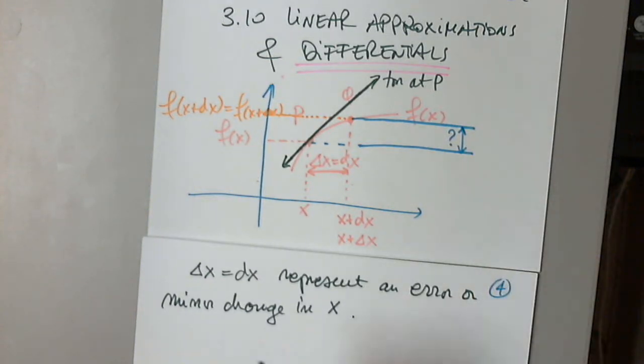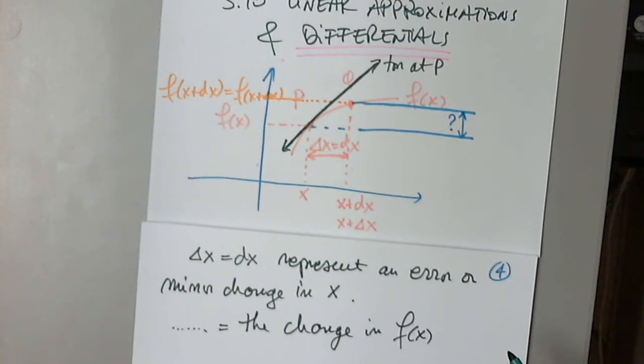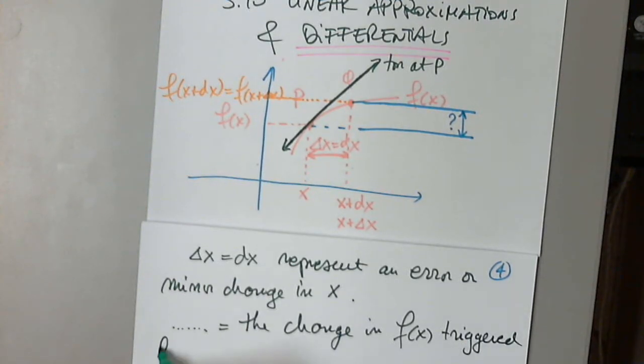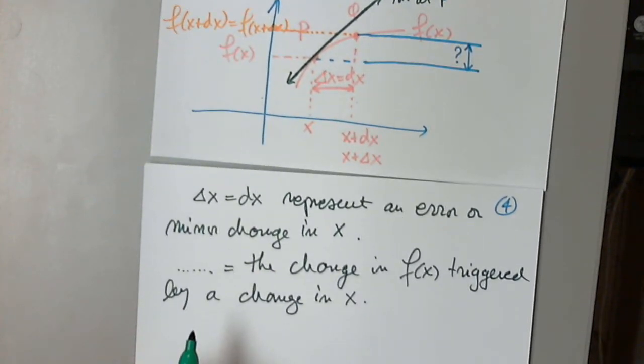This, I'm going to leave space for a moment, is the change in f of x, since it's on the y-axis, triggered by a change in x. Question, is this the exact change?